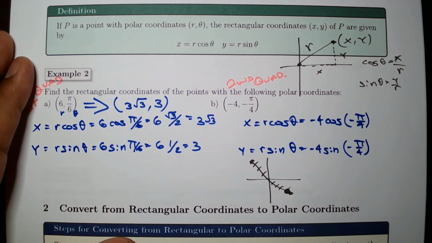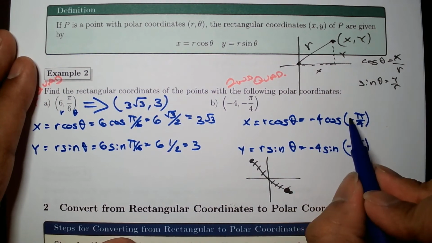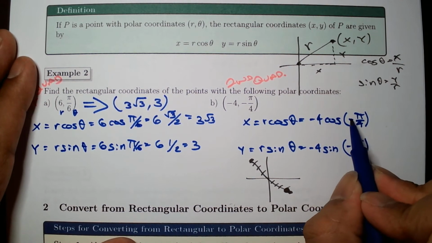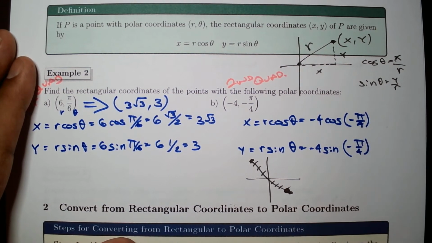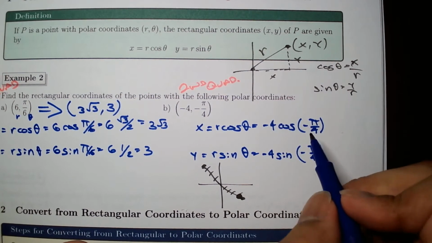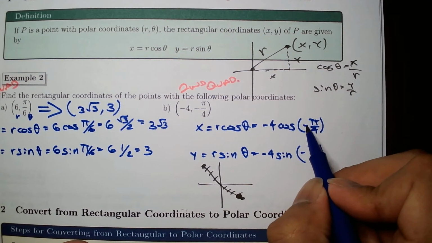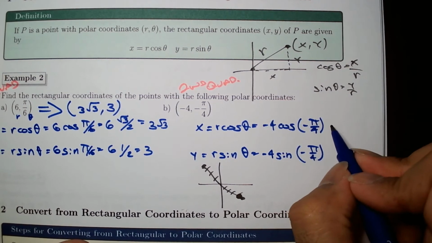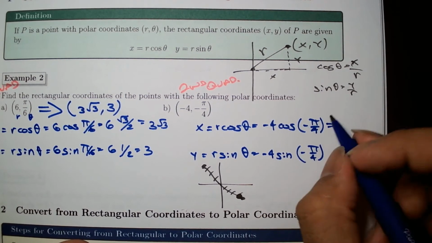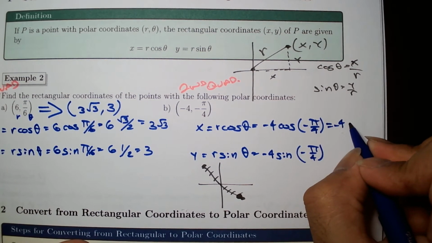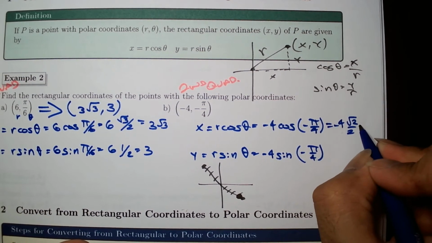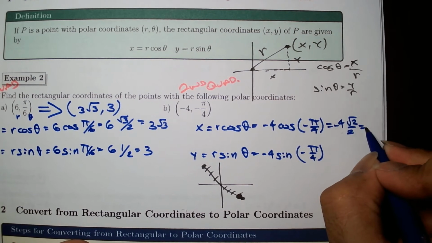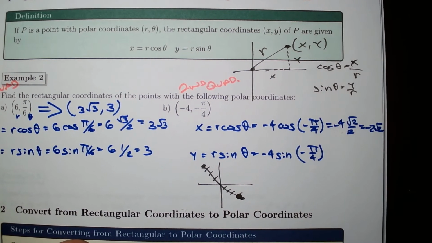All right. So let's go about doing the calculations. Cosine of negative pi over 4. If you remember, cosine is an even function, so for the cosine of a negative angle, the negative sign just disappears. And in this case, cosine of pi over 4 is root 2 over 2, which is 4 over 2, that's a 2 root 2.